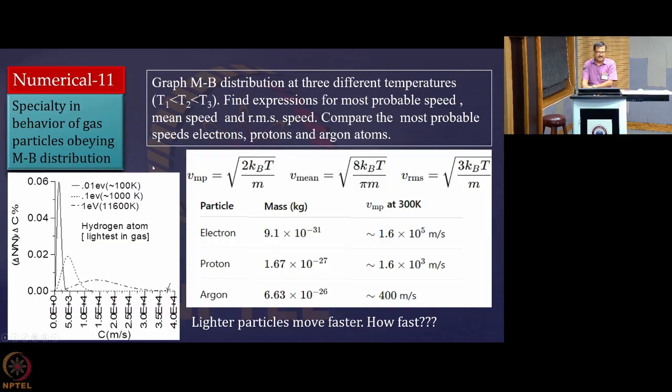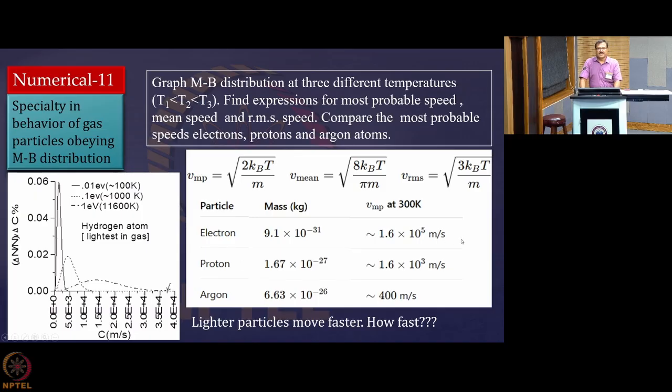The factors are a bit different, and you have done the derivation of this formula many times in your school and graduate classes. So, here I just calculated the most probable speed at 300 Kelvin for electron, proton and argon atoms. These are very common species that appear in plasma that you will encounter in your application areas.